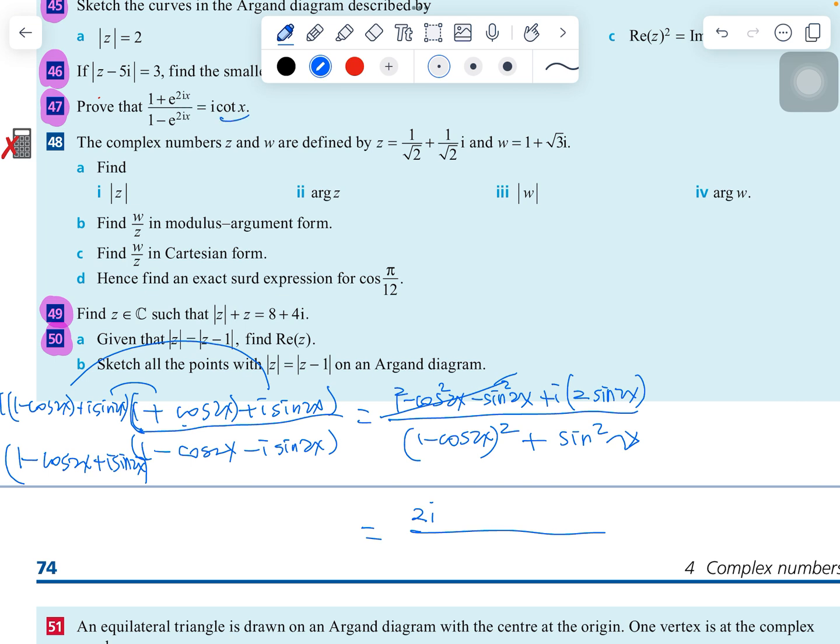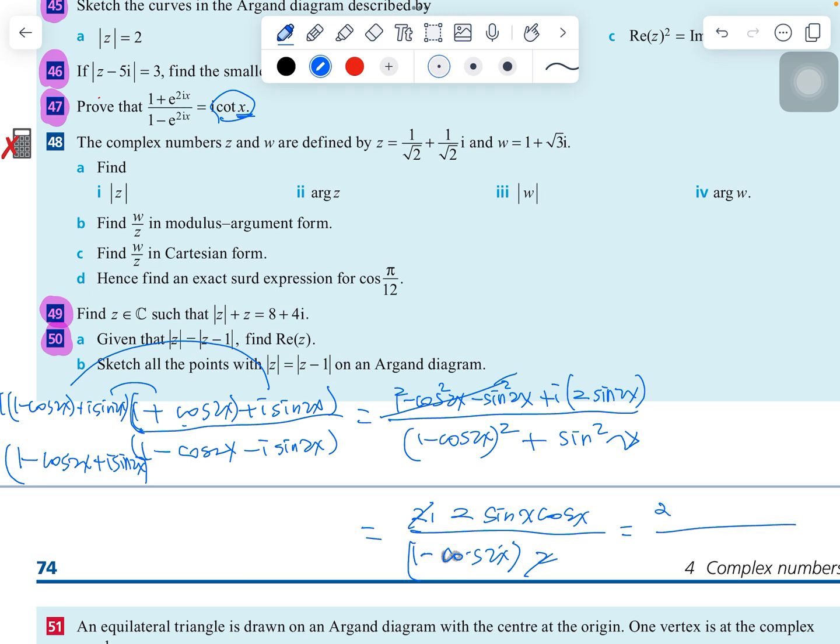Because this is just a single angle, and now we have double angles, let me go at the same time. The denominator is 1 minus 2 cos 2x plus cos squared of 2x and sine squared of 2x, again the Pythagorean identity, which is 1. So let me put it like this. So this has 2, so now we don't need any more 2.